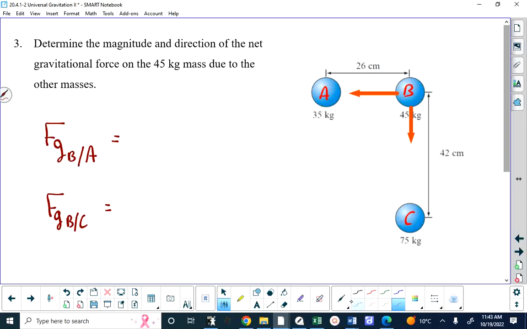So do me a favor. Let's start with the first step here, which is to calculate how many newtons of force are acting on B due to A and how many newtons of force are acting on B due to C. It's a G M M over R squared calculation.